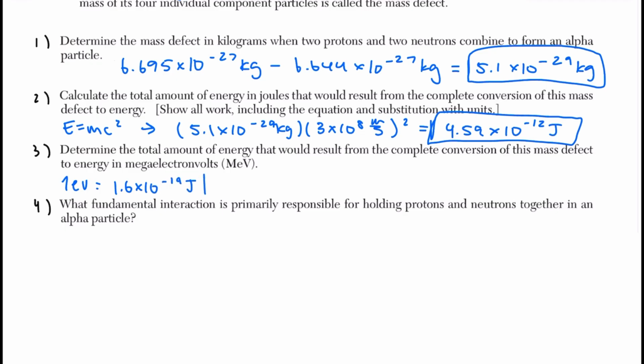So to turn our energy from joules into eV, we just need to divide the answer that we just got, 4.59 times 10 to the negative 12 joules, by this value, 1.6 times 10 to the negative 19th joules.